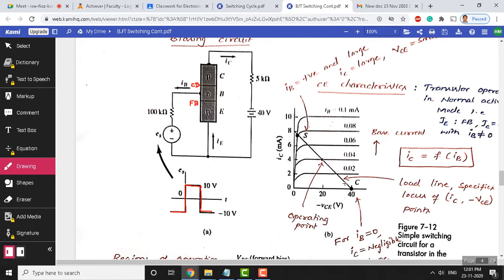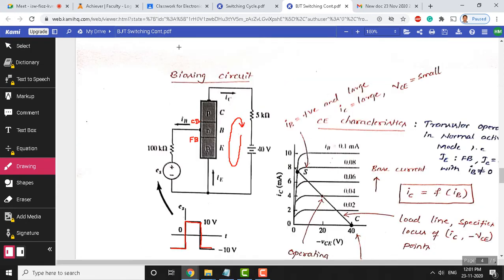And where do we get this straight line? You can obtain it by applying KVL to this loop. If you apply Kirchhoff voltage law to this loop, you will get a KVL equation.